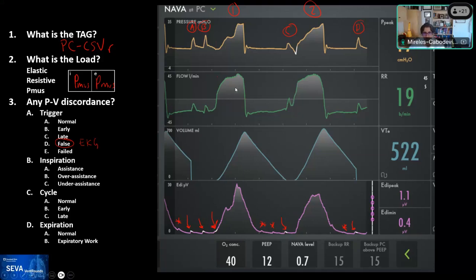So for breath 1 and 2, not for A, B, C, D. Robert, Karsten, and Fernando say assistance. And I think there's no over assistance, and perhaps there's no under assistance.